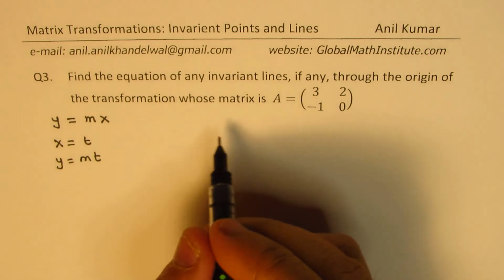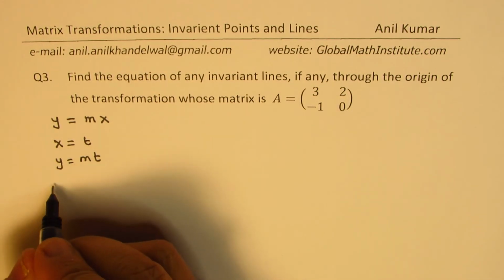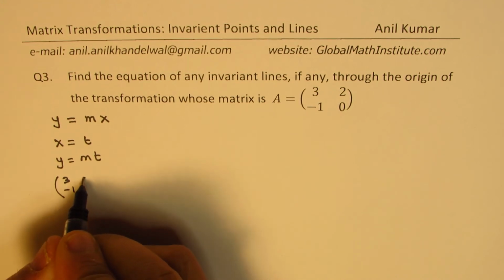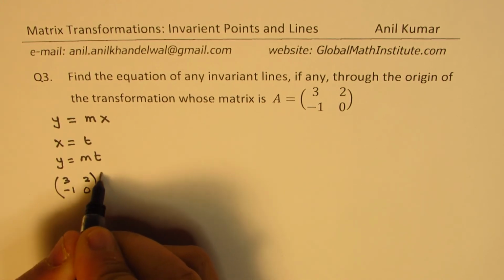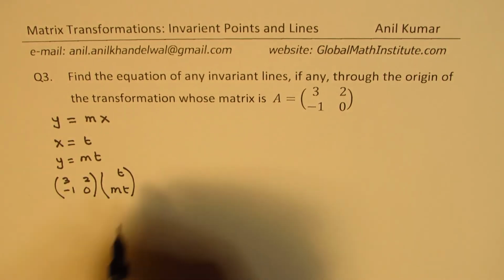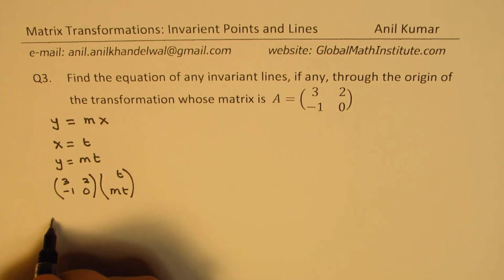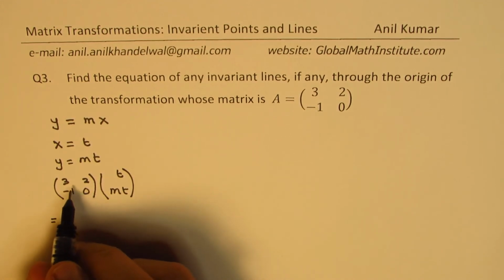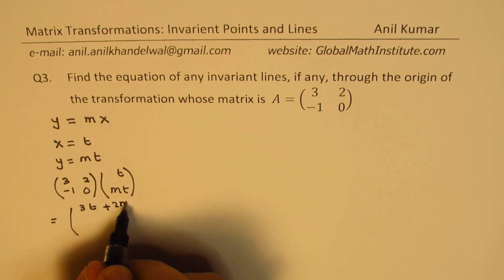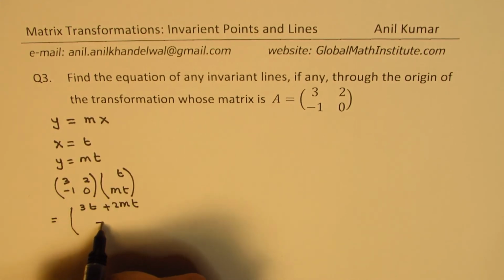Now we are given the transformation matrix, which is 3, minus 1, 2, 0. Applying this transformation on the parametric form, which is t, mt, what do we get? So from here, what we get is basically 3t plus 2mt, and we get minus t, right?